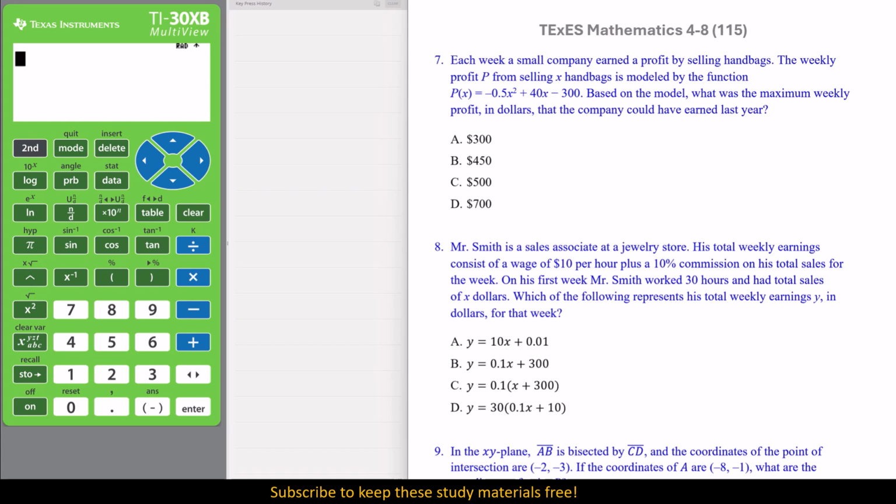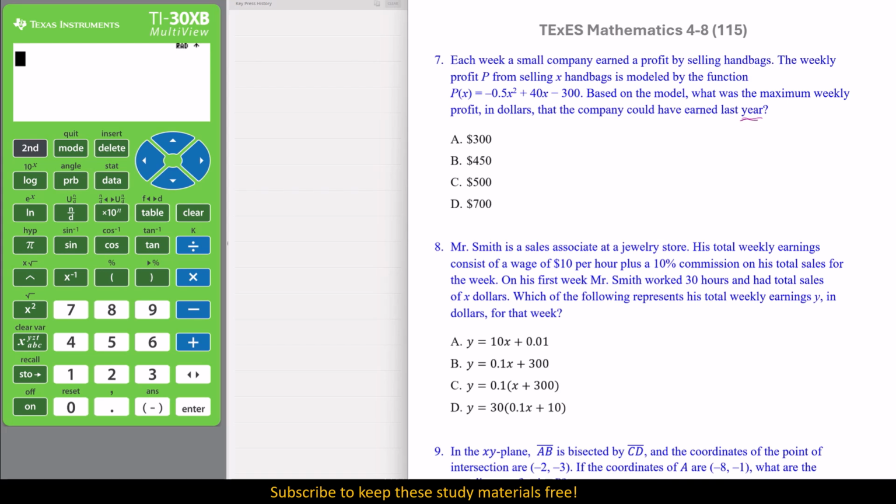Based on the model, what was the maximum weekly profit in dollars that the company could have earned last year? I do believe when they say last year, they really should have said each week last year. I kind of disagree with this particular question. But either way, let's take a look at what we have.